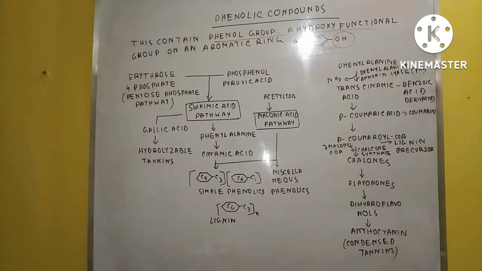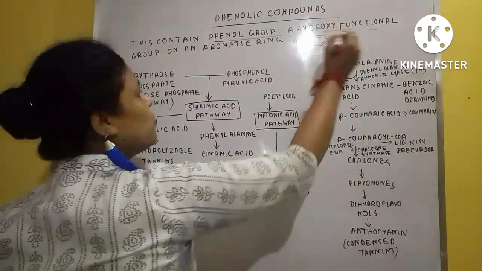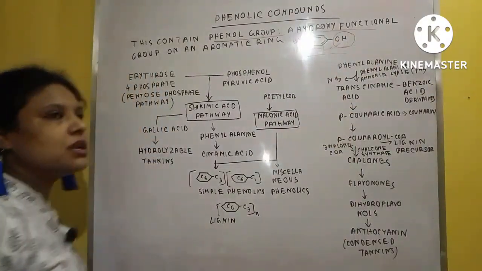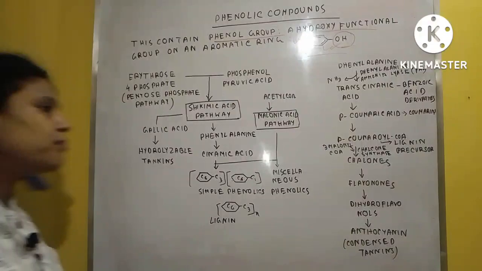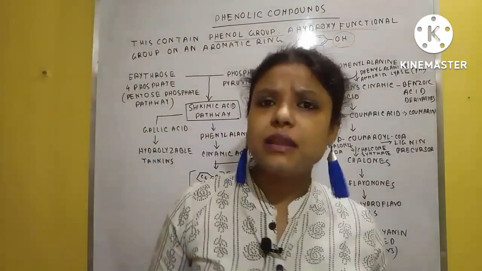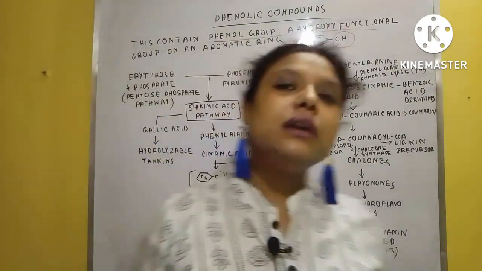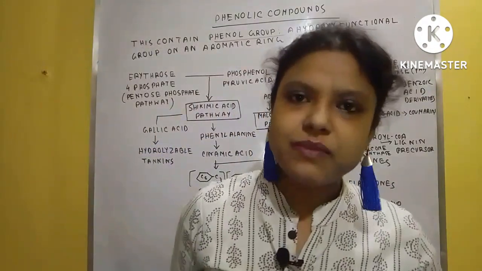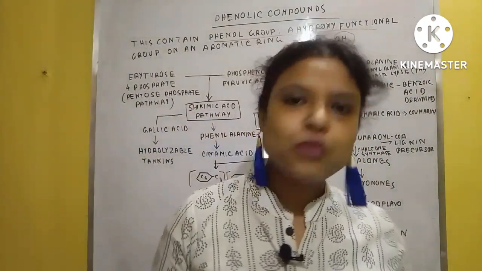So if any compound or secondary metabolite has a phenol group and a hydroxyl functional group, then that metabolite is known as a phenolic compound. And to say briefly, secondary metabolites help protect the plant's body from being eaten by herbivores, and also from infections by microbial pathogens.